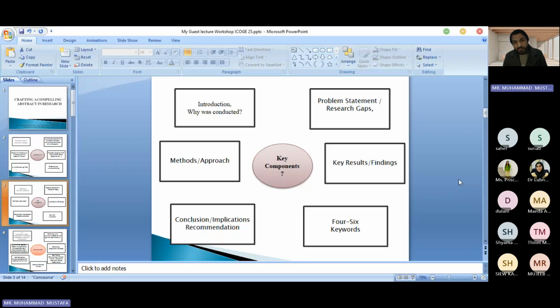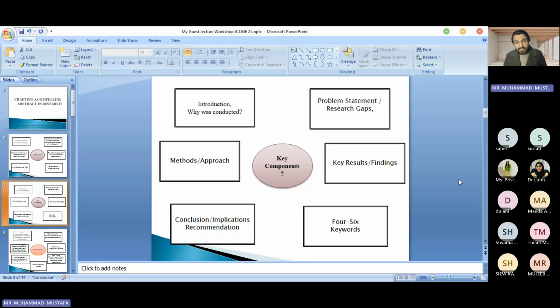So at last, the keywords, the important phrases or terms around which the whole paper, whole research revolves. The keywords are mostly 4 to 6 keywords, mostly mentioned after completing the abstract.